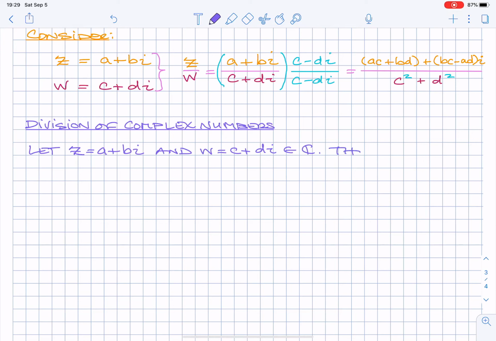Then the quotient z divided by w is going to be ac plus bd. So notice now we have the sum as opposed to the difference, plus bc minus ad. Now we've got a difference here, so we've swapped sum and difference, and we've swapped places in the second component, all over c squared plus d squared.